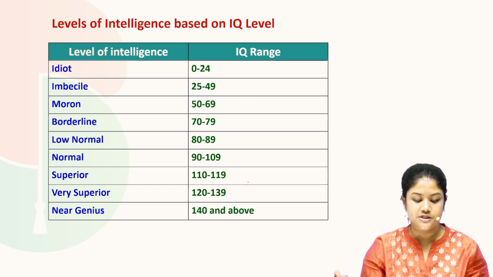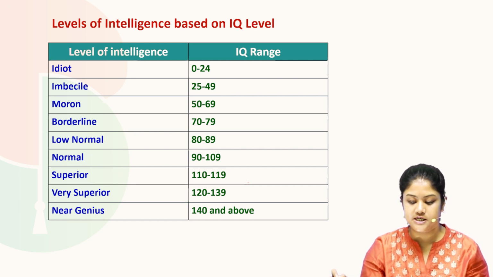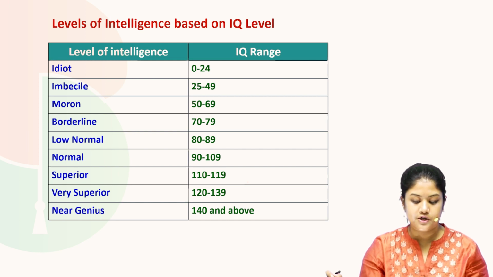For idiot, the IQ range is 0 to 24, for imbecile 25 to 49, for moron 50 to 69, borderline 70 to 79, low normal 80 to 89, normal 90 to 109, superior 110 to 119, very superior 120 to 139, and near genius is 140 and above.